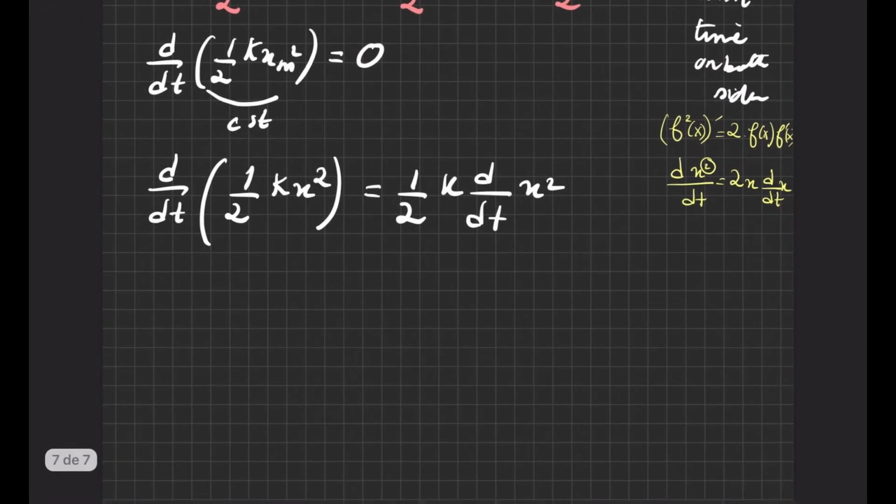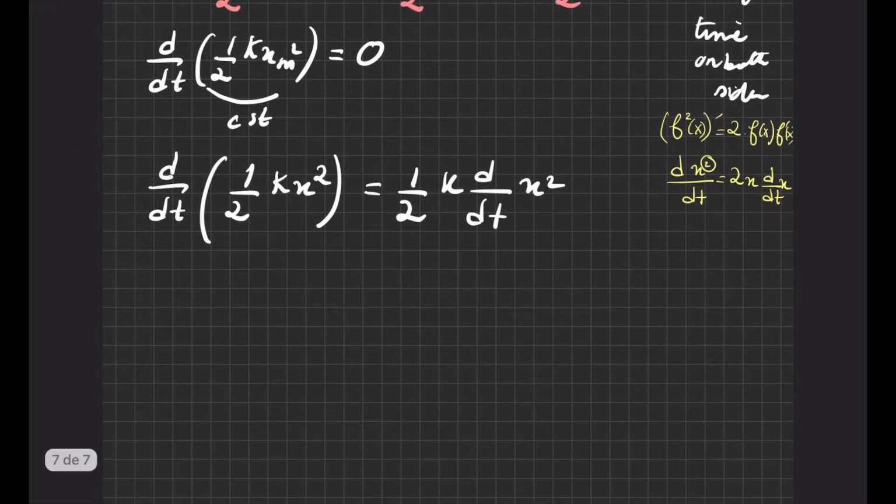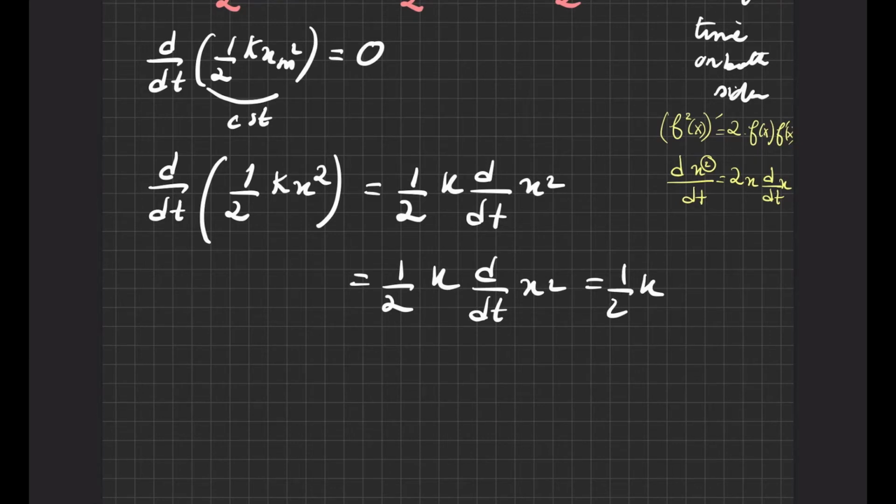Let's do the same here. So half k d over dt for x squared, that is half k x times 2 times dx over dt. Okay, 2 will go with 2, we're left with kx.